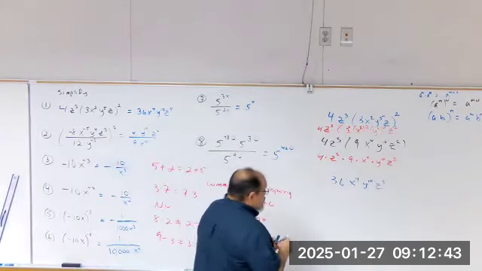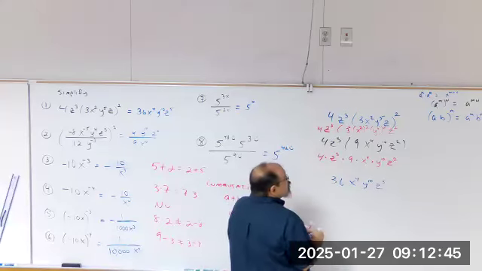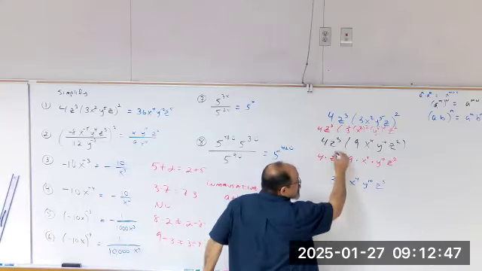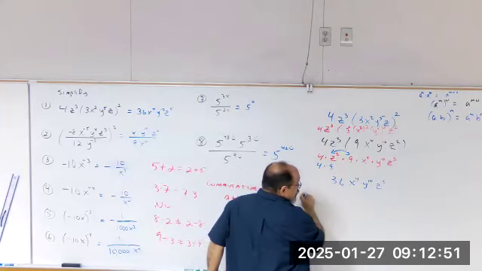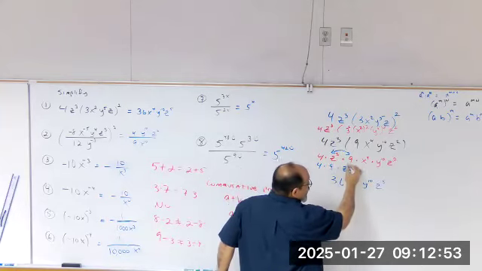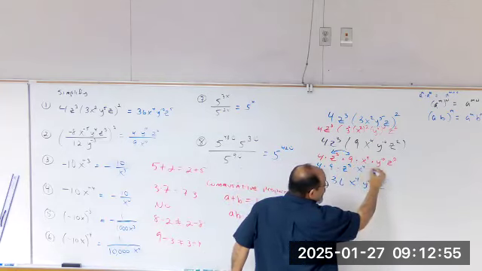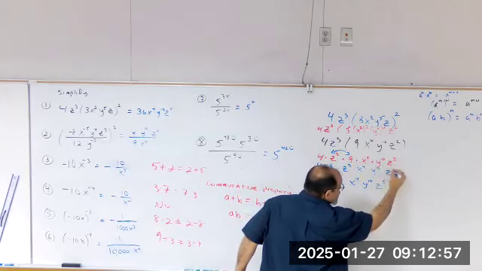So all that's saying is I can switch positions. I can trade places. 4 times 9 times z to the 3rd times x to the 4th times y to the 10th times z to the 2nd.